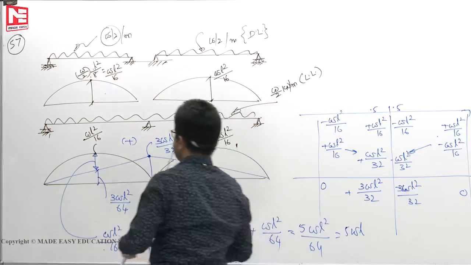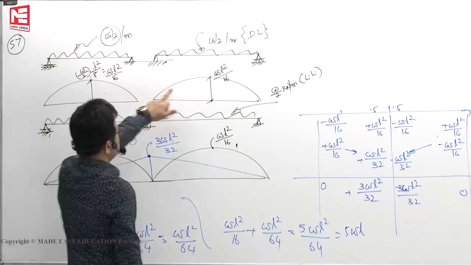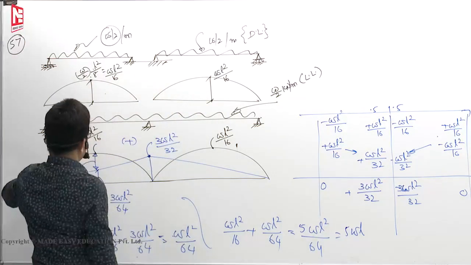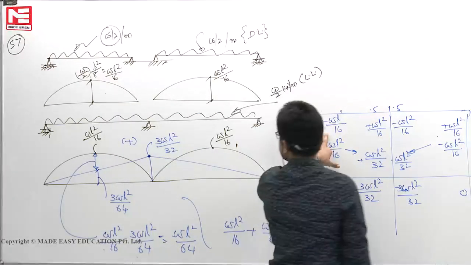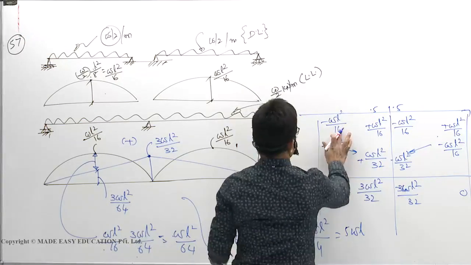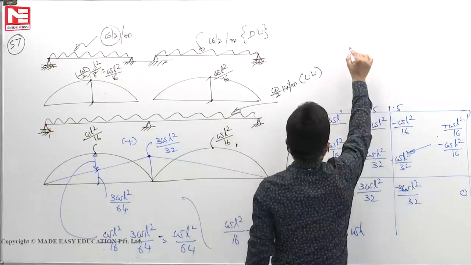Let us see where we have made the mistake. Now in this case, WL square by 16, WL square by 16. That's correct. Now here WL square by 16. This point we have to see: minus WL square by 12. This part we have missed. Fixed end, first you have to fix it.